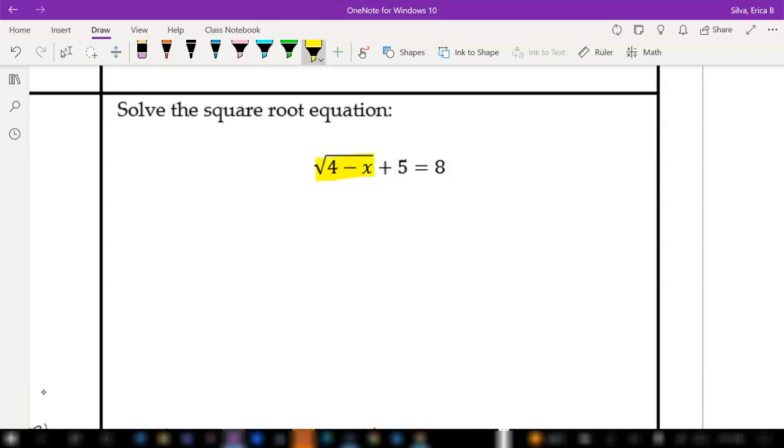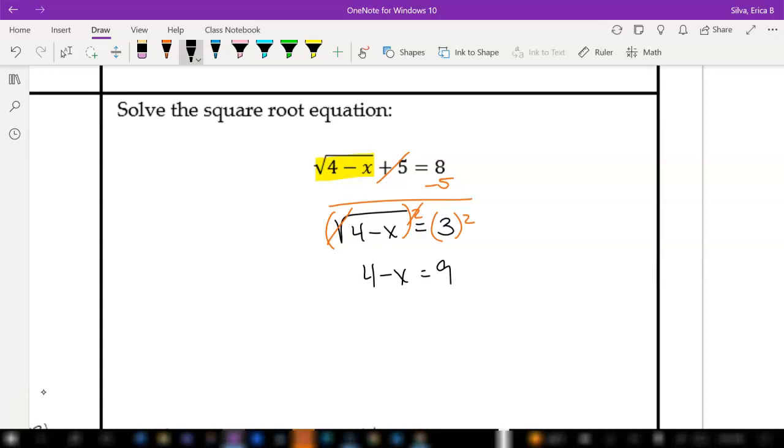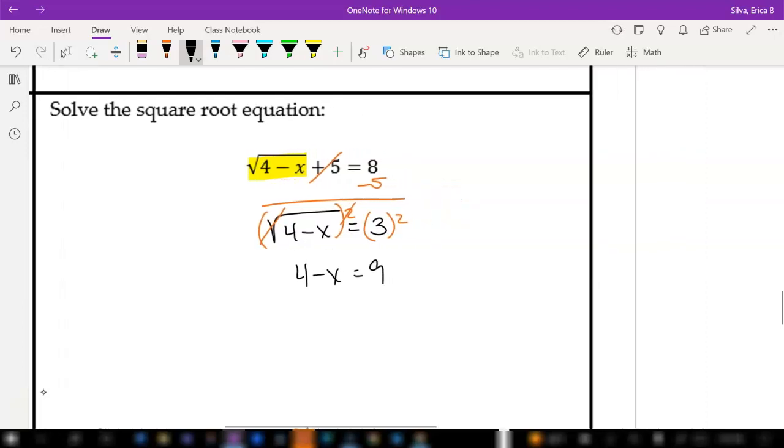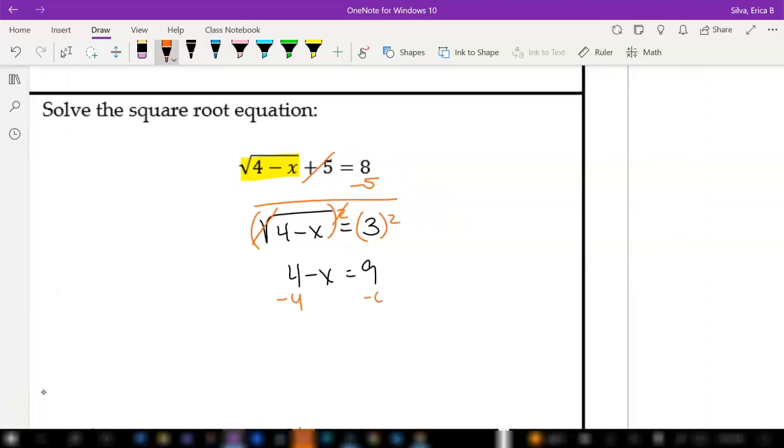Notice how this one is not isolated, the square root. So we're going to subtract 5 first. Square root of 4 minus x is equal to 3. Now that it's isolated, we can square both sides. We get 4 minus x is equal to 9. We want to subtract 4. Negative x is equal to positive 5.